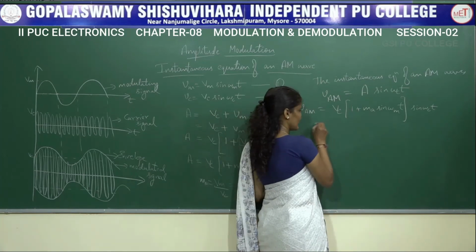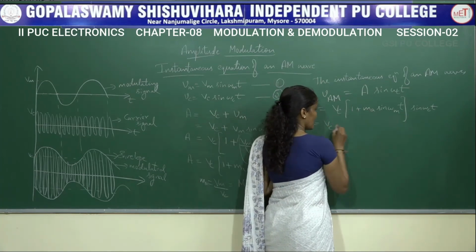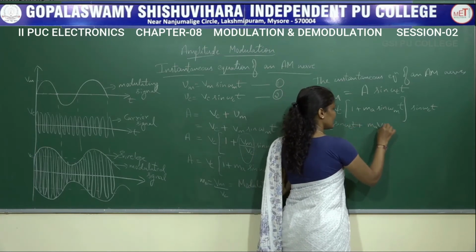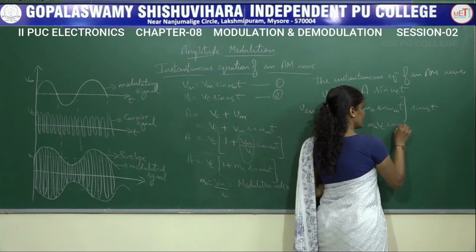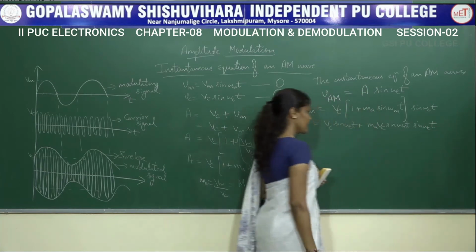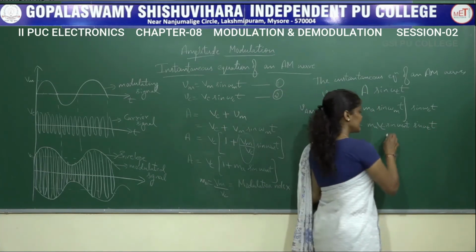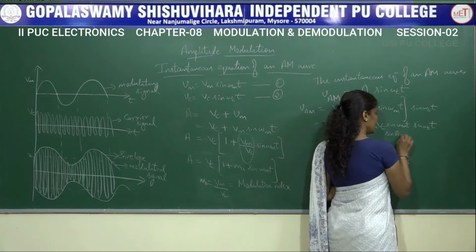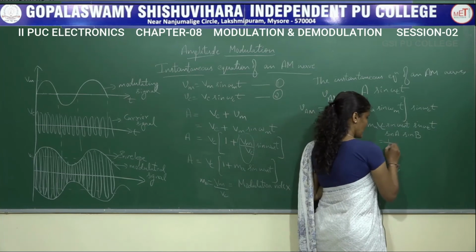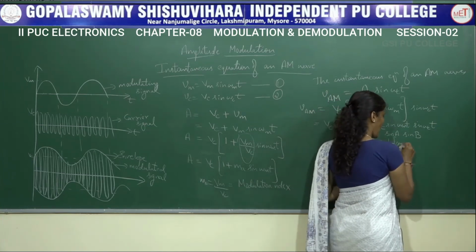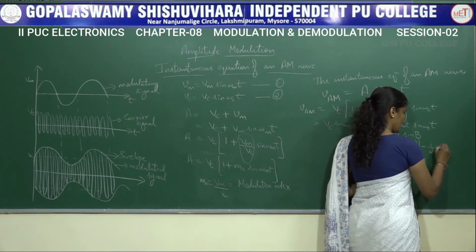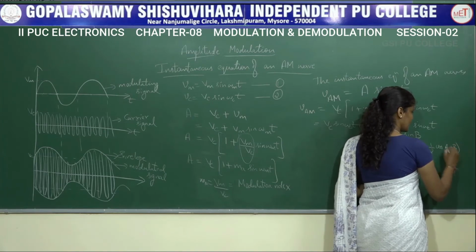Right? If I am going to split this expression, Vc sine omega ct plus Ma Vc sine omega mt into sine omega ct. But this is of the kind sine A into sine B, which will be given by the relation 1/2 of cos(A minus B) minus 1/2 of cos(A plus B).